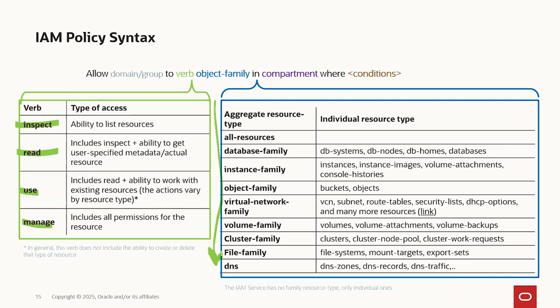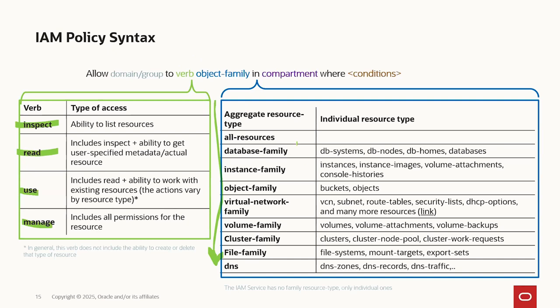As we go down, this allows more levels of access, with inspect just being able to essentially read the list of resources, and manage allowing permission to modify, change, etc. the resources.